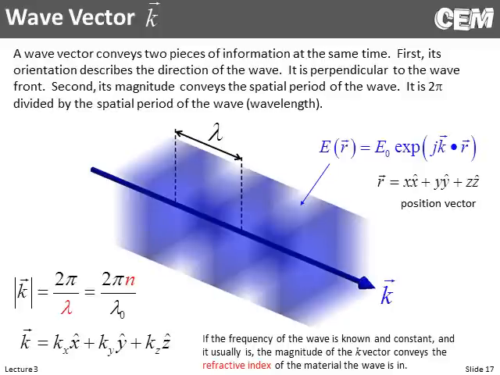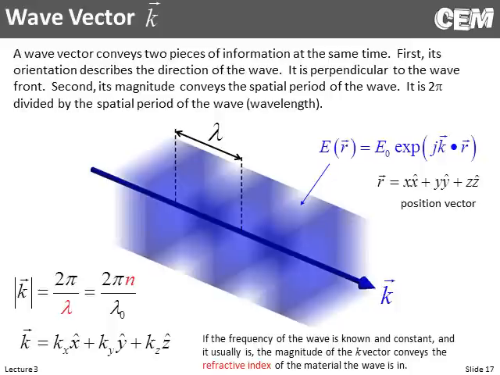Okay, now let's talk about wave vectors. It's a vector, and the wave vector simultaneously carries two pieces of information. The orientation of it, or its direction, conveys the direction of the wave. So if the wave is trucking along this way, then your wave fronts are going to form planes this way, right? So wave fronts will be in these planes.